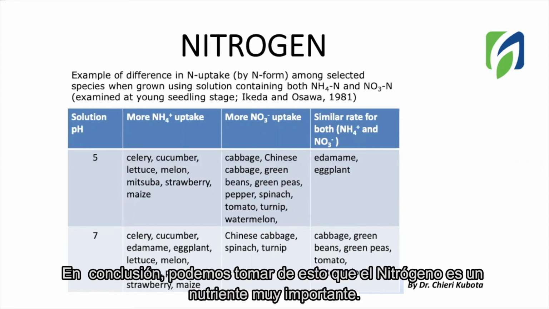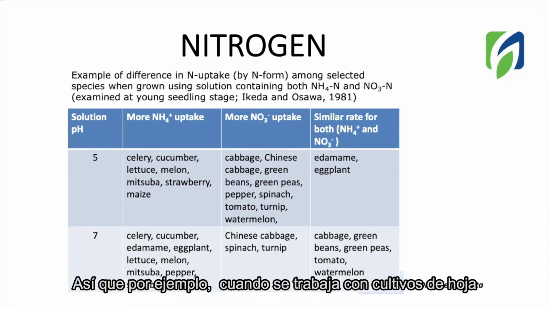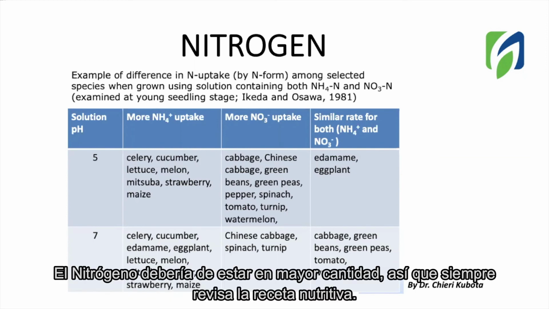In conclusion, we can learn from here that nitrogen is a very important nutrient and is particularly important for vegetative growth. So, for example, when you are working with leafy greens, nitrogen should be in high quantities. So always check your nutrient recipe.